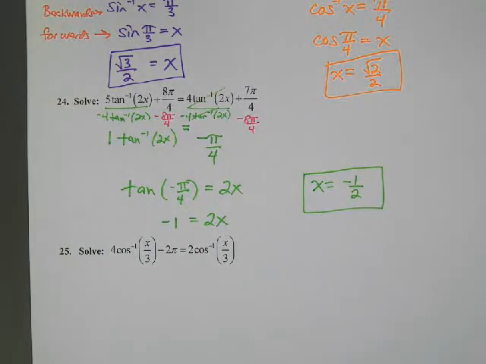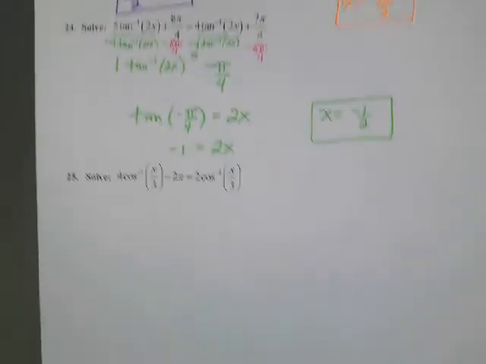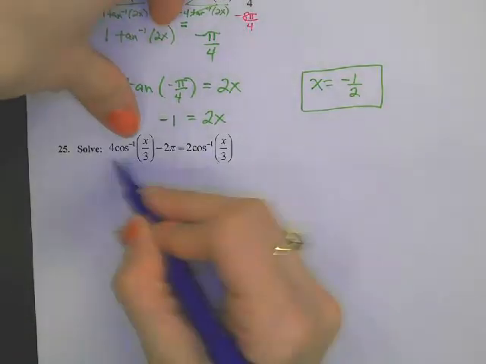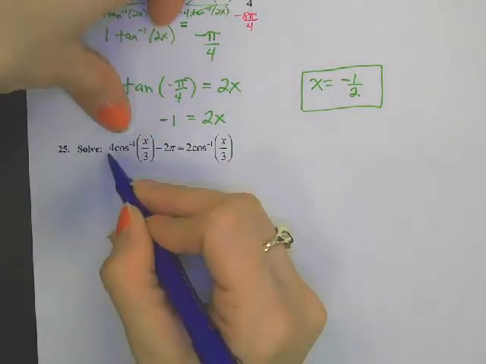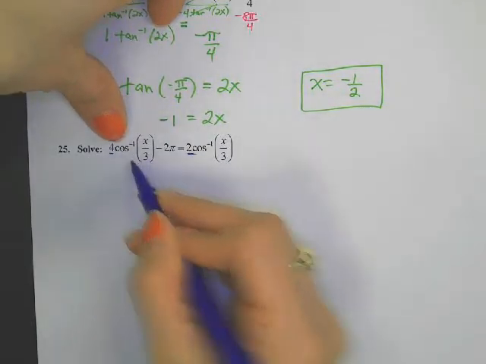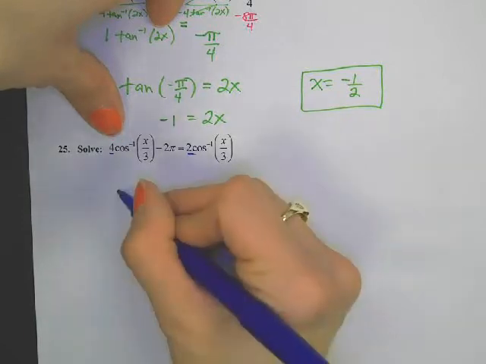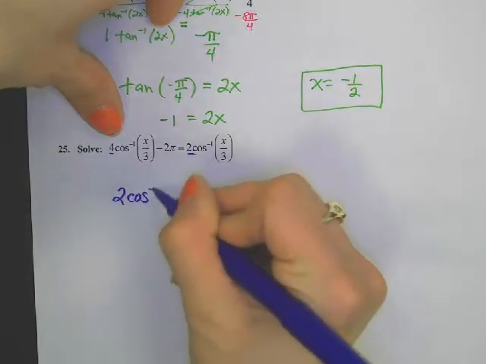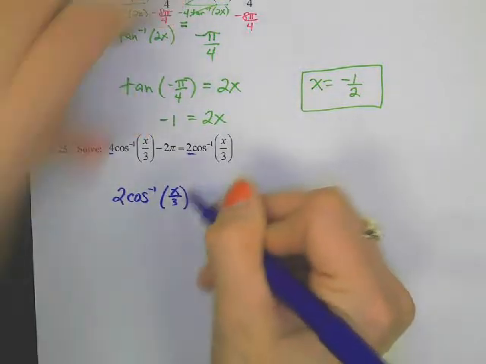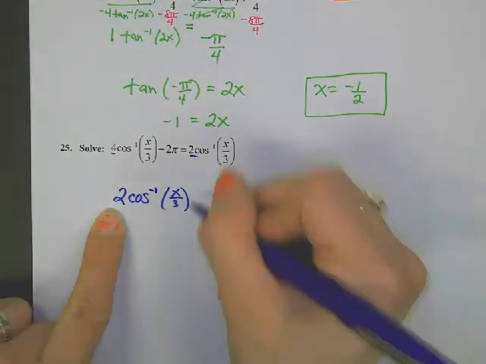Okay, let's go ahead and try this one more time. Let's move all the cosines. Since they're both cosine inverse of the same angle, let's move them to the left. There's 4 here, and I'll subtract 2 more. That will make 2 cosine inverse of that angle. Okay, so the angle doesn't get changed, just the coefficient out in front.